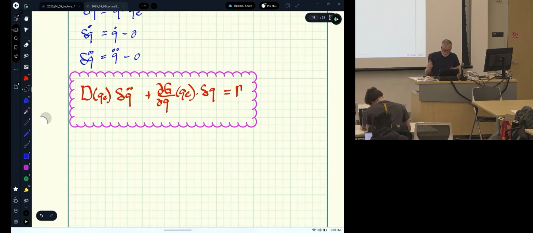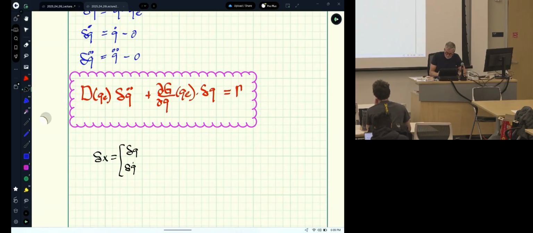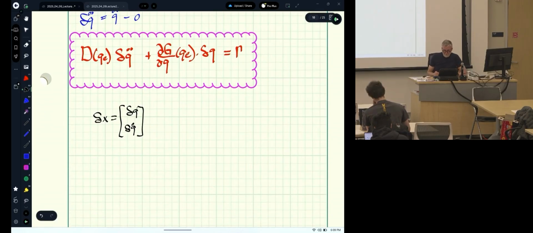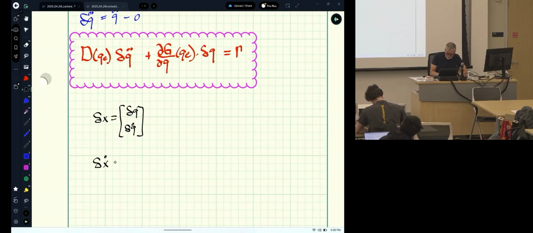And then we get a linear state model by doing delta X, delta Q, delta Q dot, and then delta X dot. It's going to be delta Q dot, delta Q double dot.